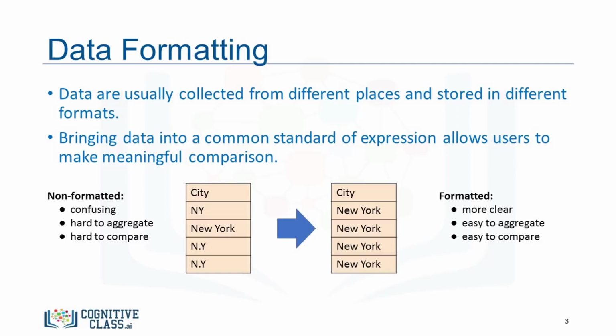Or if you're looking for ways to spot fraud, perhaps writing N.Y. is more likely to predict an anomaly than if someone wrote out New York in full. But perhaps, more often than not, we just simply want to treat them all as the same entity or format to make statistical analyses easier down the road.